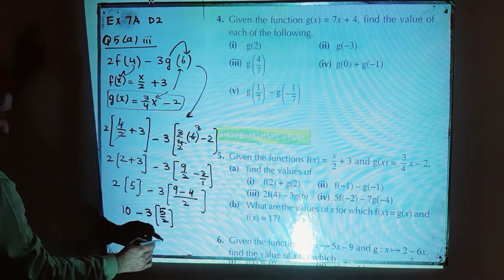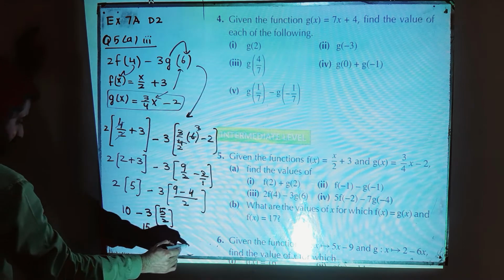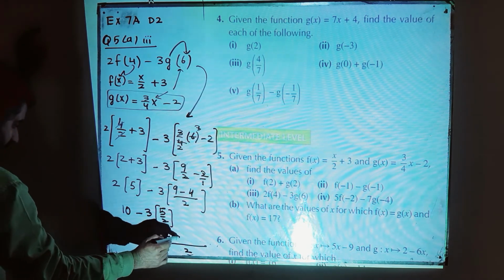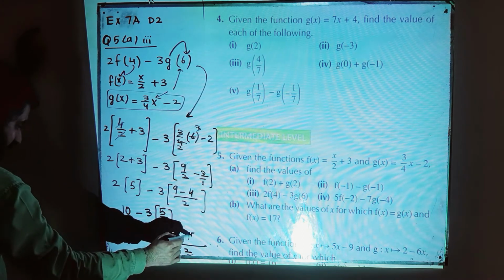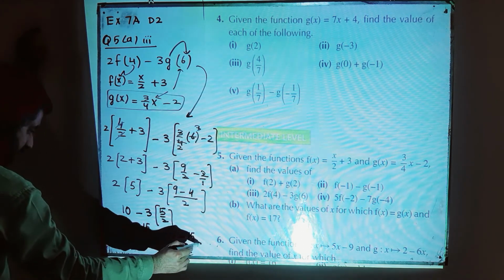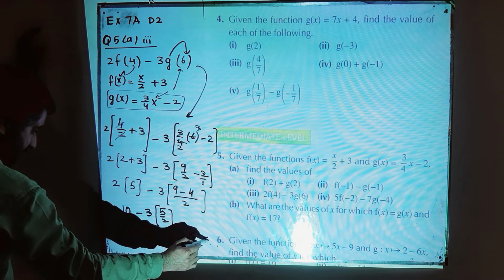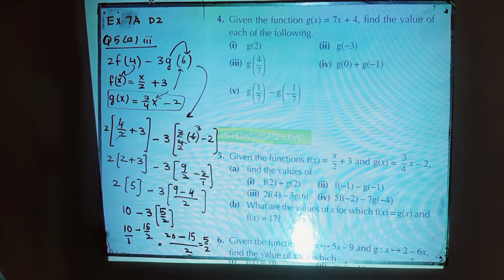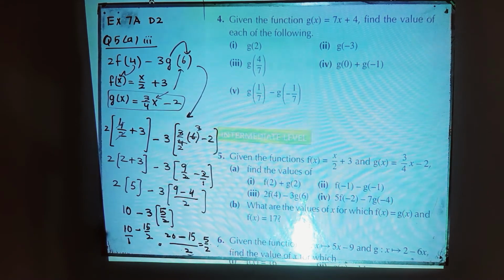Again I am going to take LCM, that is 2, so 2 into 10 is 20, minus 1 into 15 is 15. So what would be your answer? 20 minus 15 is 5 by 2. So this is your answer for part number 3.